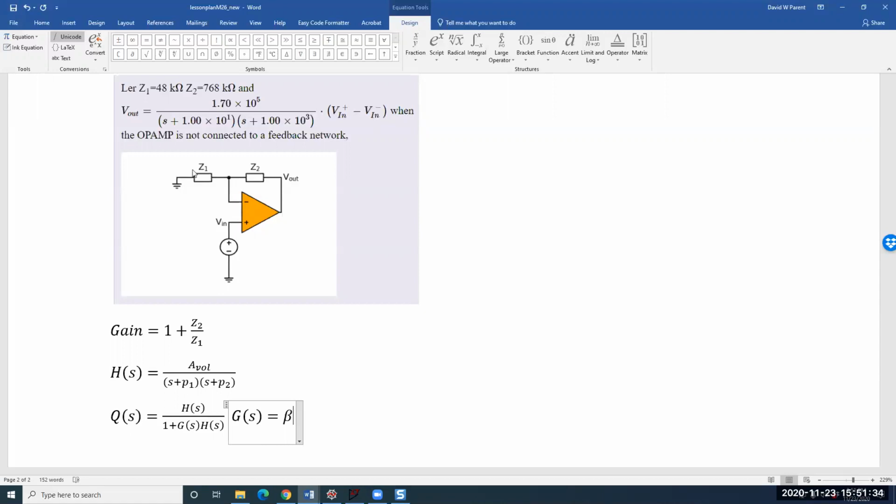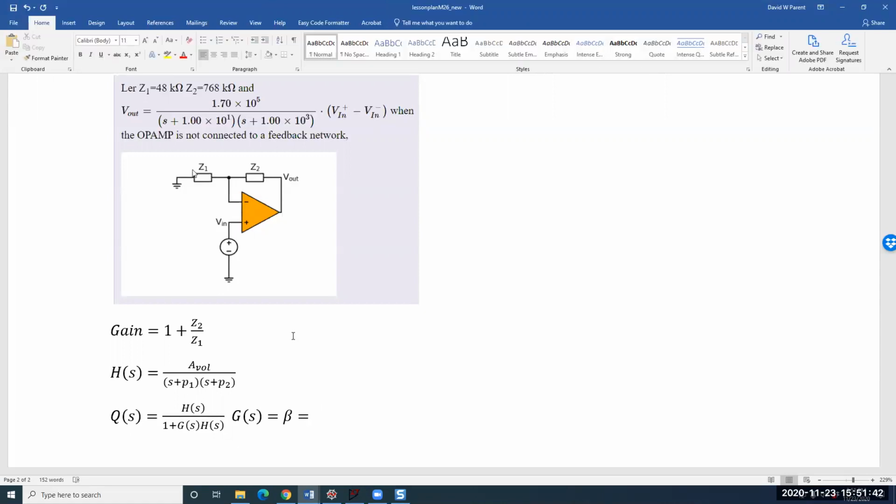And so it's just a constant called beta, right? So that's really the voltage division of those two resistances.